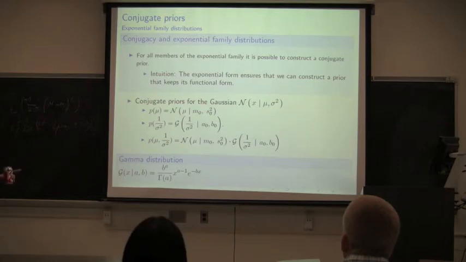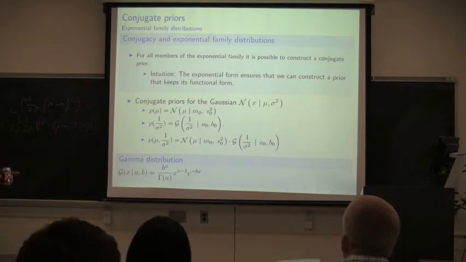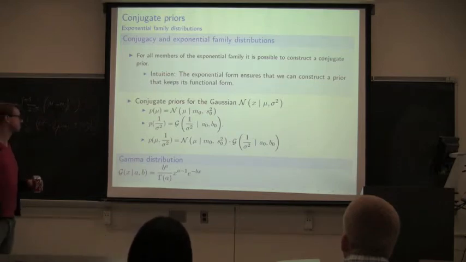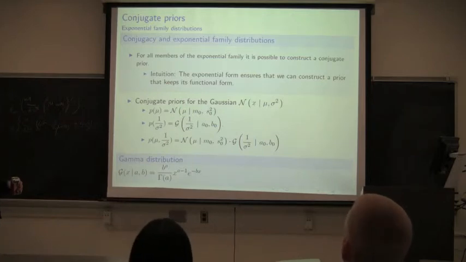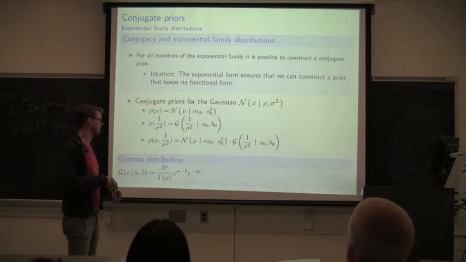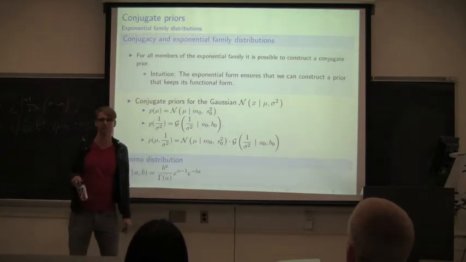So it's a normal gamma distribution. And also the posterior, of course, is then also a normal gamma distribution, but with different parameters.